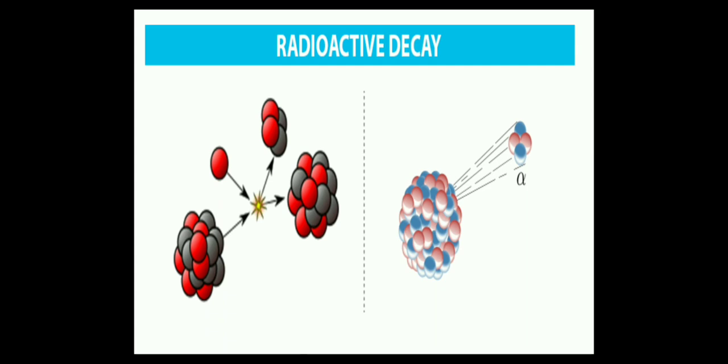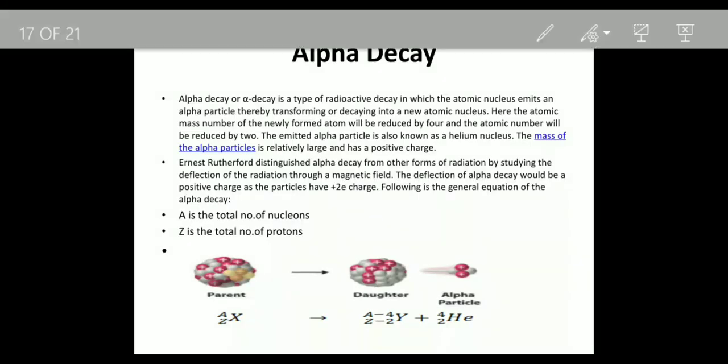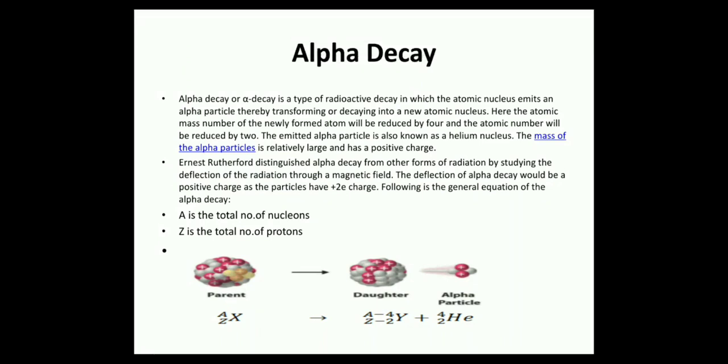This is the diagram showing radioactive decay, where alpha particles have been emitted. Alpha decay is a type of radioactive decay in which the atomic nucleus emits an alpha particle, thereby transforming or decaying into a new atomic nucleus.